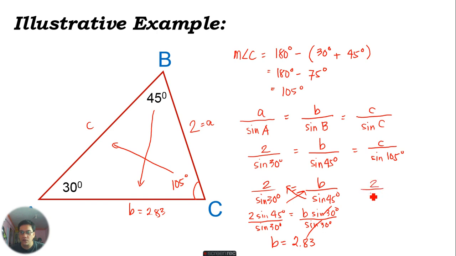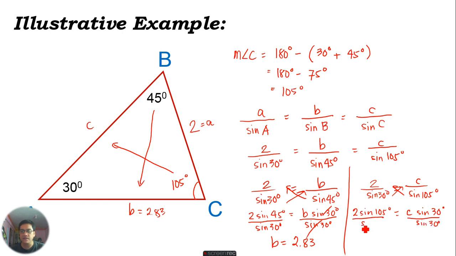So, we have 2 over sine 30 degrees equals C over sine 105 degrees. Let's again cross multiply. So this will become 2 sine 105 degrees equals C sine 30 degrees. So we divide again both sides by sine 30 degrees.